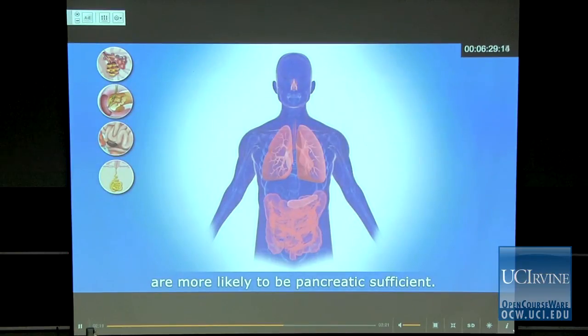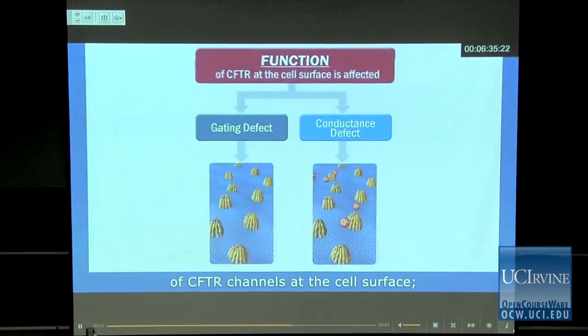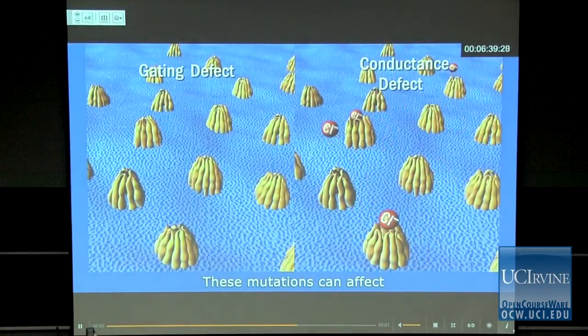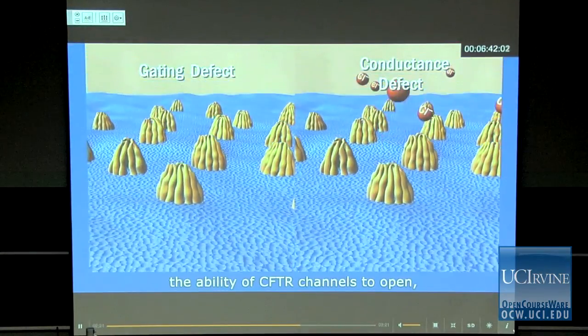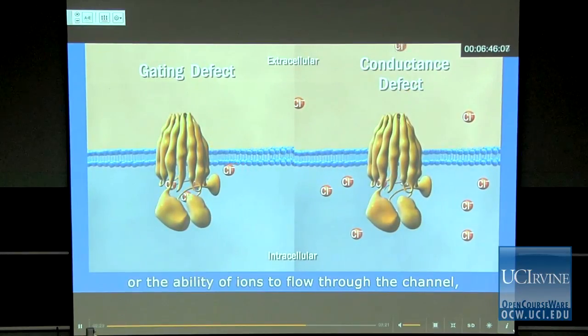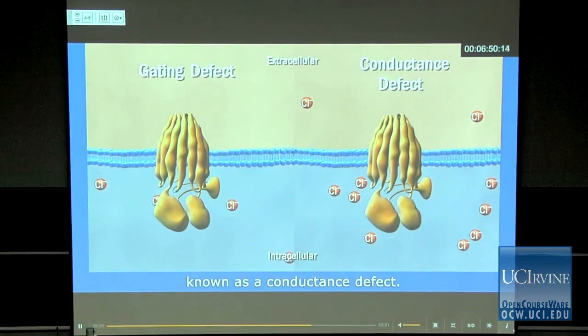Other CFTR mutations lead to a normal quantity of CFTR channels at the cell surface. However, their function is reduced. These mutations can affect the ability of CFTR channels to open, known as a gating defect, or the ability of ions to flow through the channel, known as a conductance defect.